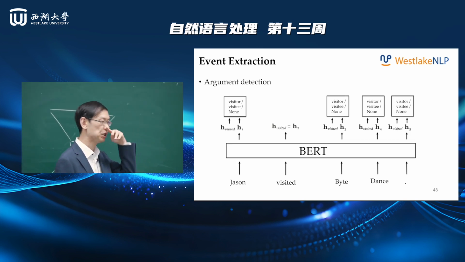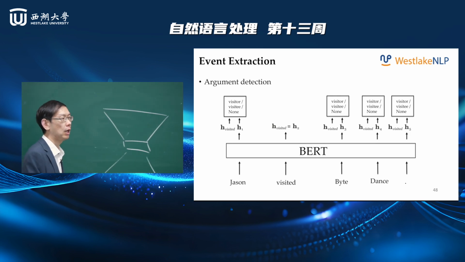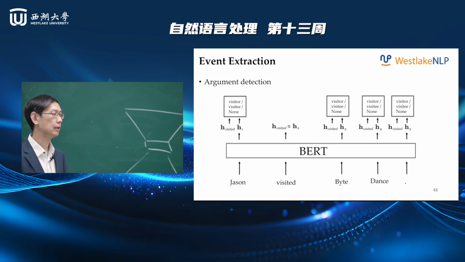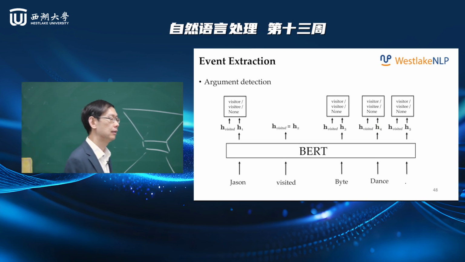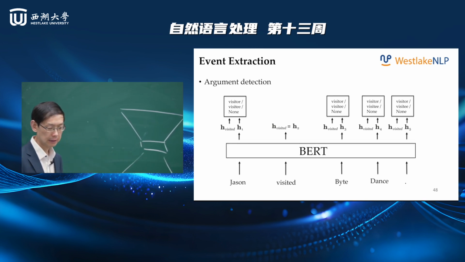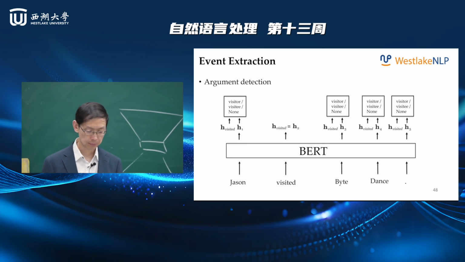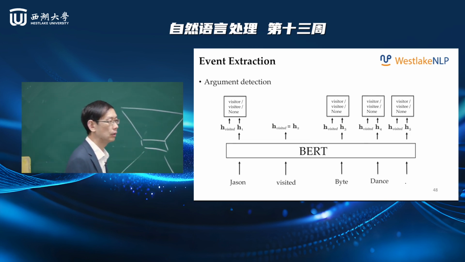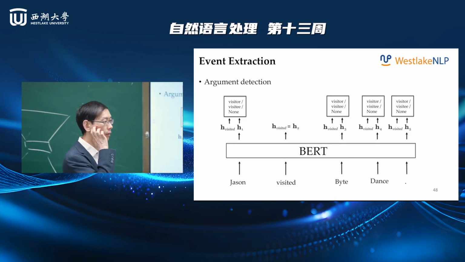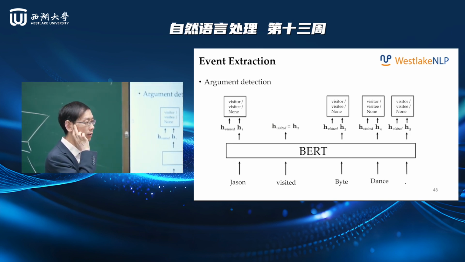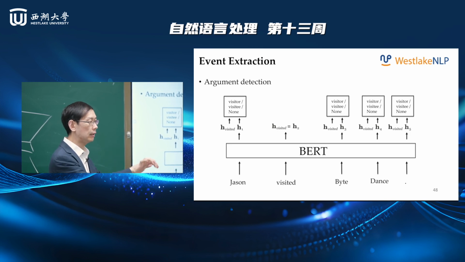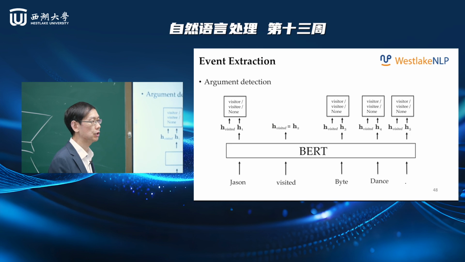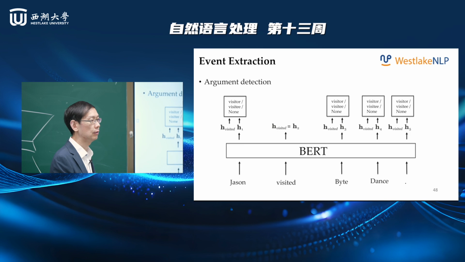Given that this is a visit event, I know the event has several arguments, the visitor, the visitee, the time, etc. So for this event, I just use BERT again, and I take the hidden of the token, and maybe I combine this hidden with the hidden of the trigger, visited. I concatenate them together and do the classification. Are you an argument? What kind of argument are you? Etc.